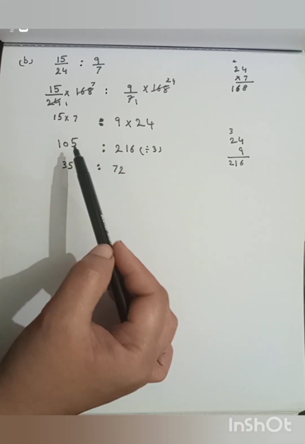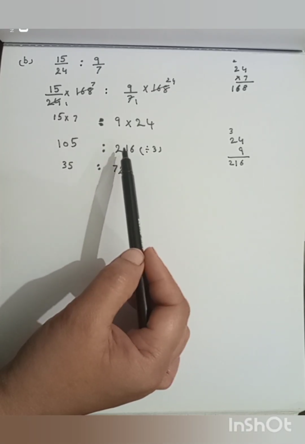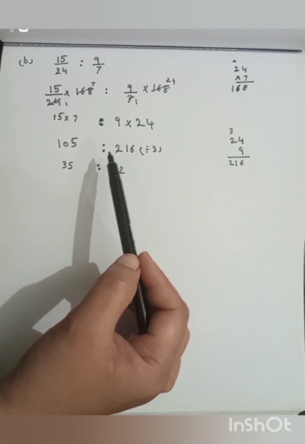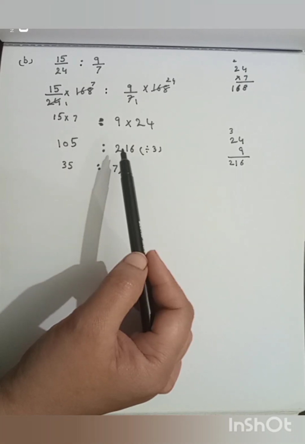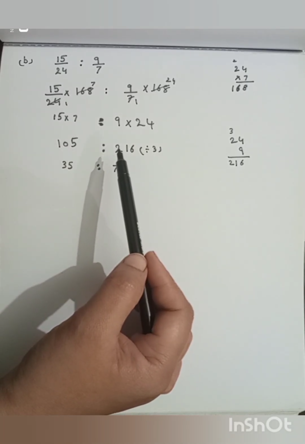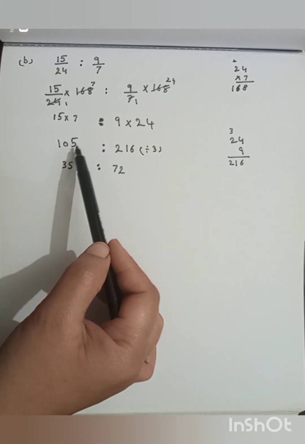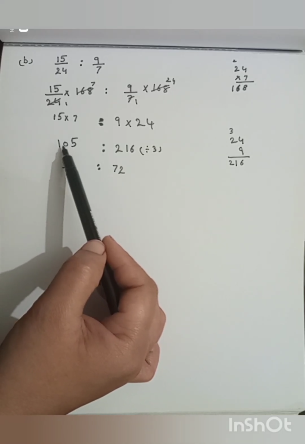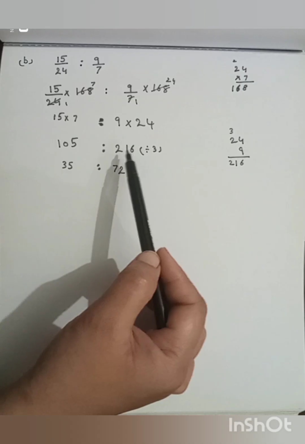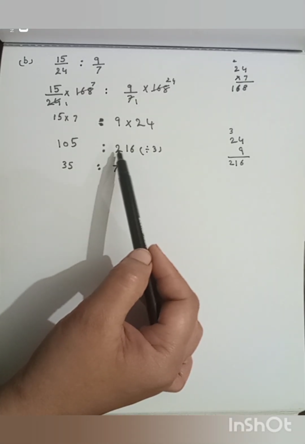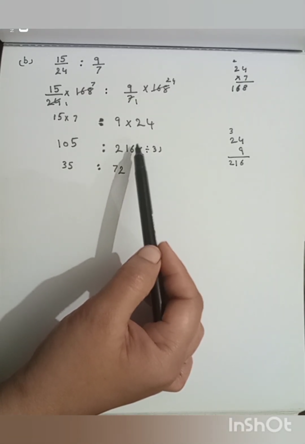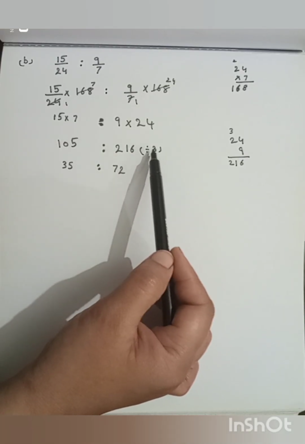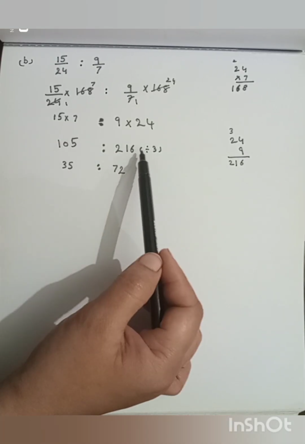But if one side is not divisible by 2, then we should take a test whether these numbers are divisible by 3, and the test that we have done is that we should add the numbers. In this case 105, we should add 1 plus 0 plus 5, we will get 6, and we should add 2 plus 1 plus 6, and we will get 9. So 9 and 6 are divisible by 3, so it means that both the numbers are divisible by 3.